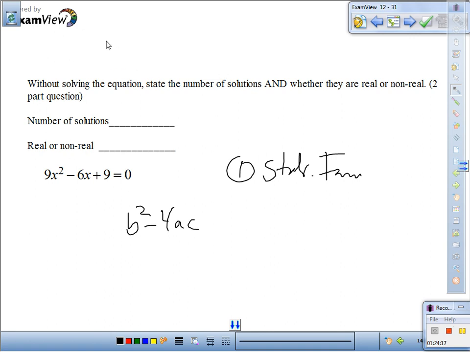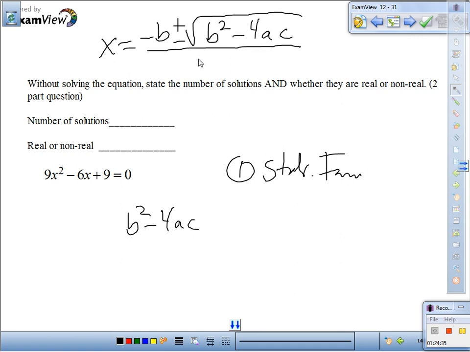From the quadratic formula, x equals minus b plus minus square root b squared minus 4ac over 2a. I said we're going to use just the inside. That's known as the discriminant. So there it is. So what is a here, everyone? 9. What is b? -6. What is c? 9.